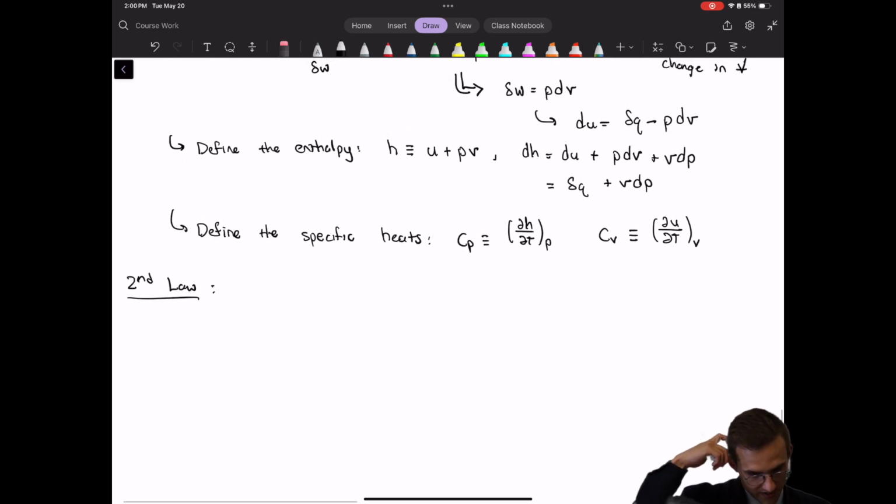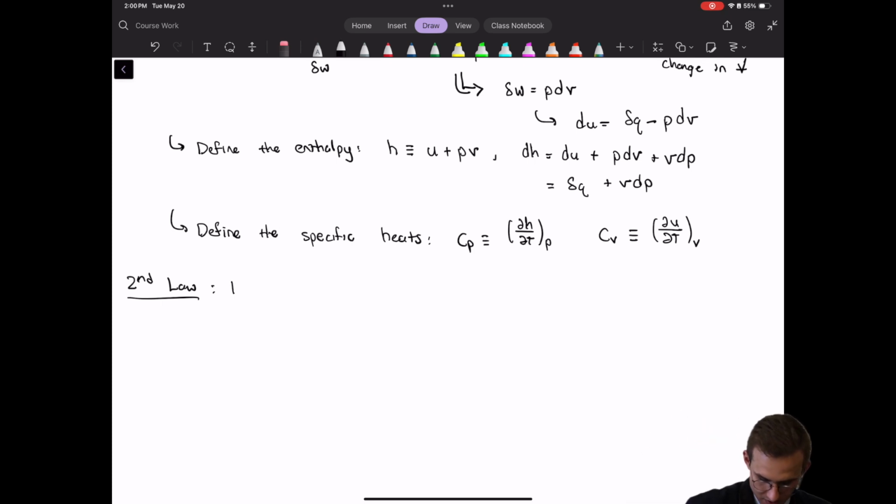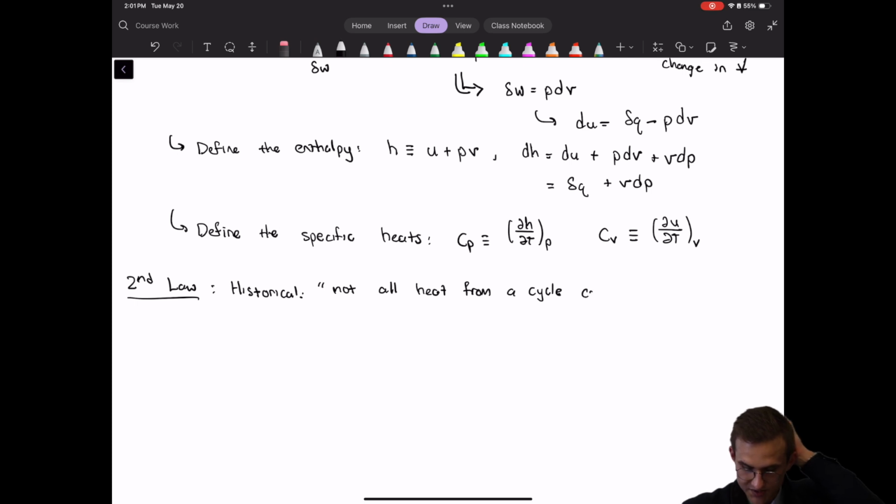Okay, and so I'll write it this way. The historical way of stating this law is to say that not all heat from a cycle can be converted into work.